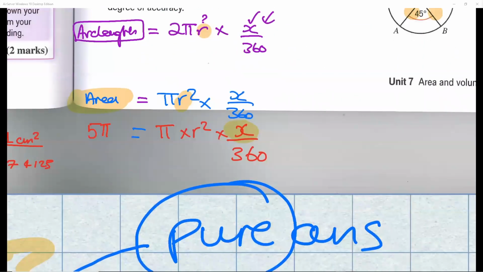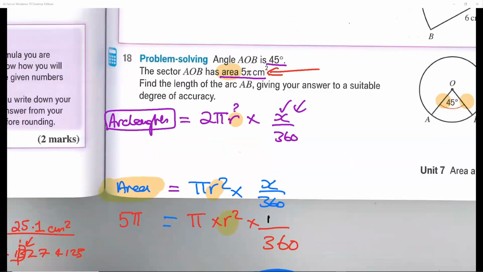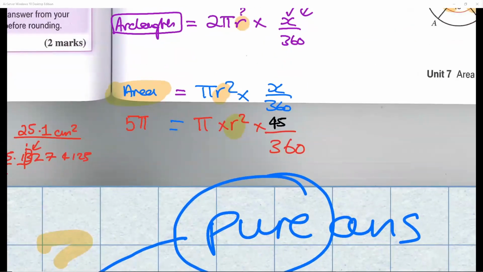If I'm highlighting the wrong thing, then say something rather than us making a wrong recording. So x is 45. 45 goes here, and 45 divided by 360 gives us how much?